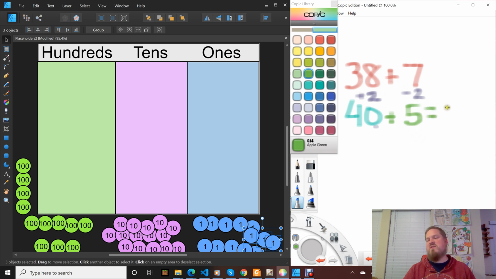And that's pretty easy to tell the answer of that, right, Aldin? 45. So 38 plus 7 equals 45. But we've also figured out how to do the mental math by finding the nearest 10 and making it easier. What do you think, Aldin? Is it easier or harder?